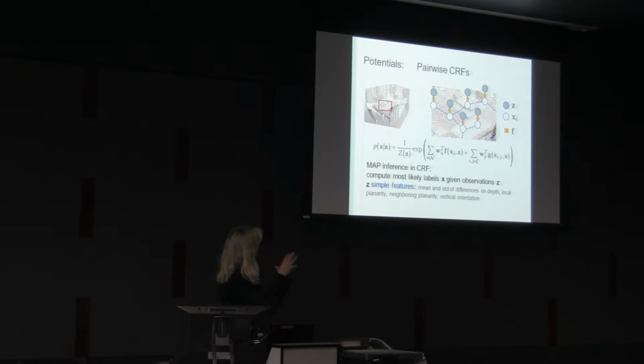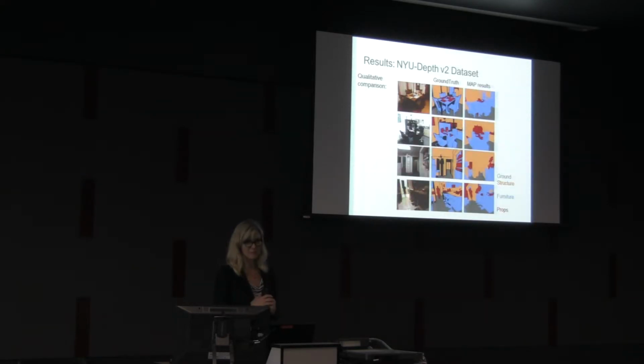For each of these regions, we compute some features and make some predictions, and then the CRF learning algorithm learns the right weighting between all the features and all the spatial relationships in order to maximize the likelihood of the observations in some ground truth data. This is just to give you a feeling for what kind of predictions these techniques can generate.